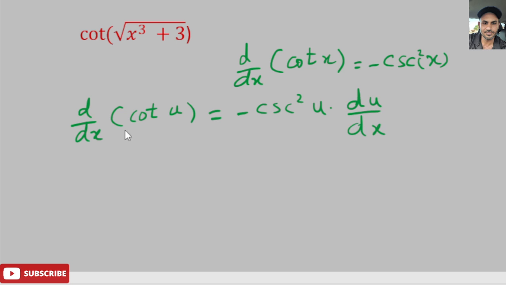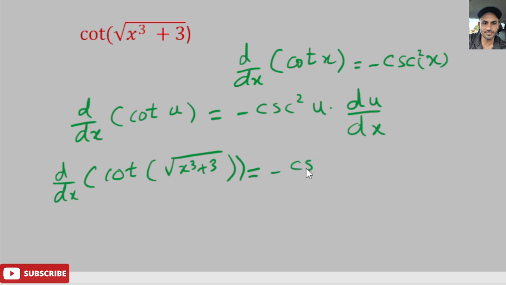Okay, so I'm going to go ahead and plug this function into this right here. So we got d over dx of cotangent of square root of x cubed plus 3, and then we get negative cosecant square of square root of x cubed plus 3 times the derivative.